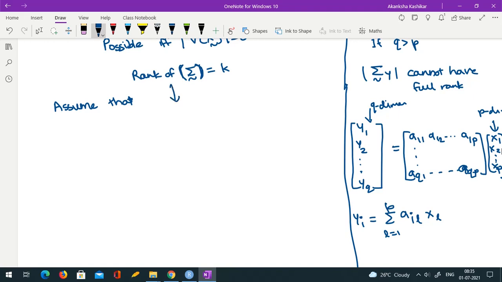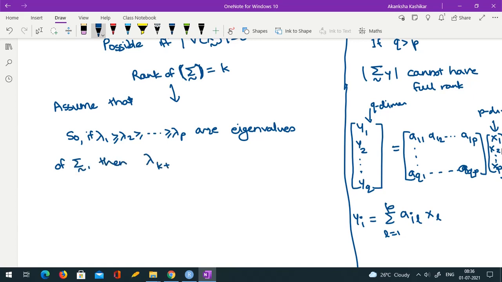So what it means is, if lambda 1, lambda 2 up to lambda p are the eigenvalues of sigma arranged in decreasing order of magnitude, then lambda k plus 1, lambda k plus 2 up to lambda p would be 0.